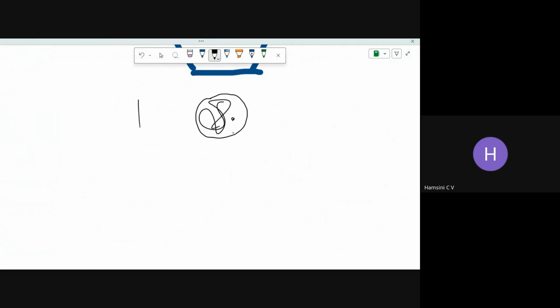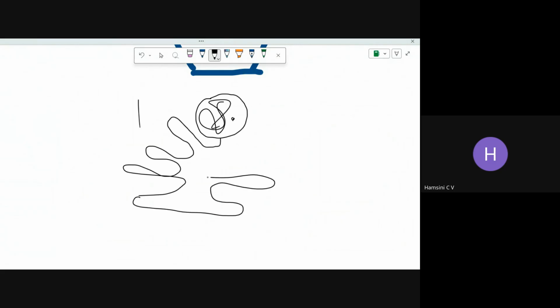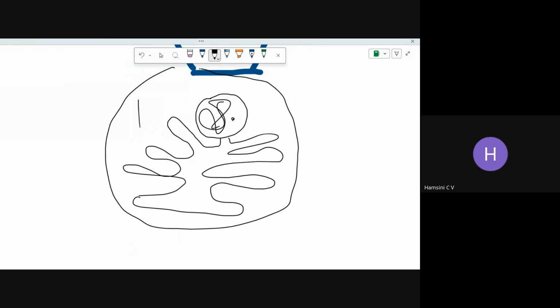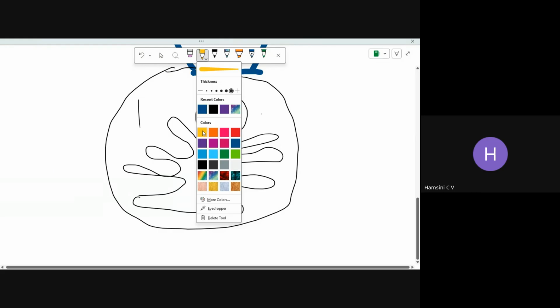Here is the endoplasmic reticulum, moving like this. And this is the complete cell, such a huge cell it will be. Here you can see that it defines the space inside it and outside it. See this space.